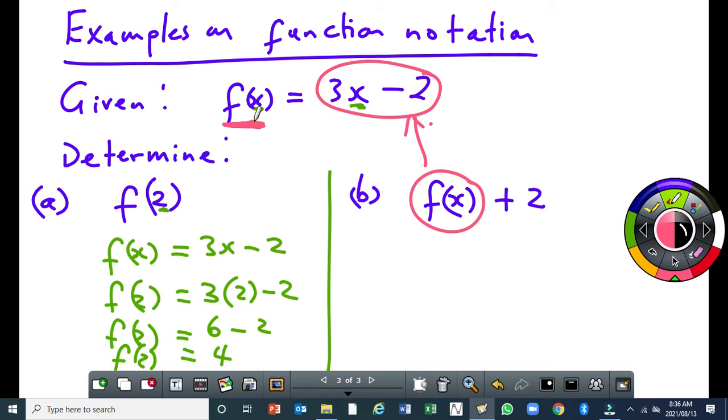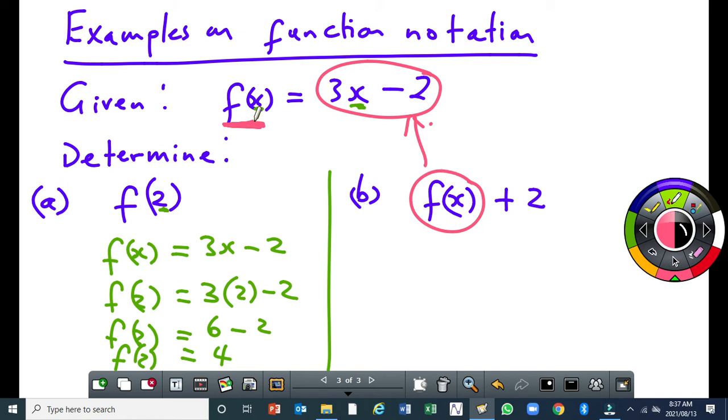It's more like saying, I'm going to come and sit where you are sitting. If I come to you and force you to stand up, then I'll sit where you are sitting. So if f of x equals 3x minus 2, then in the expression f of x plus 2, all I have to do is substitute the right hand side where there is f of x. So the right hand side replaces f of x.